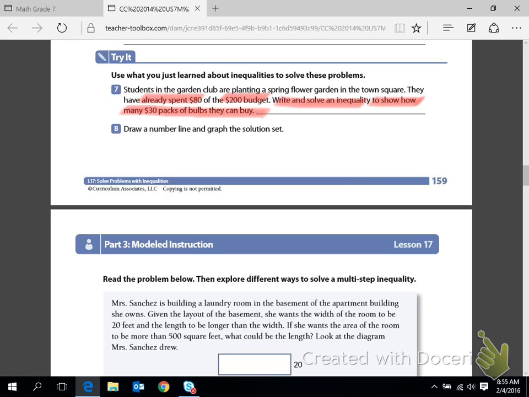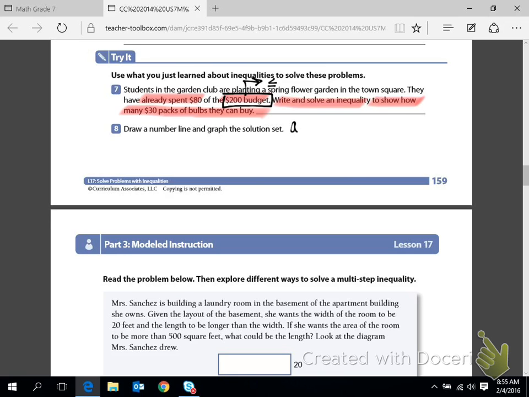So as we're looking through this information and we're taking into account that they have a $200 budget, what inequality symbol does that let us know we should use? Less than or equal to, because you can't spend more than what you have.